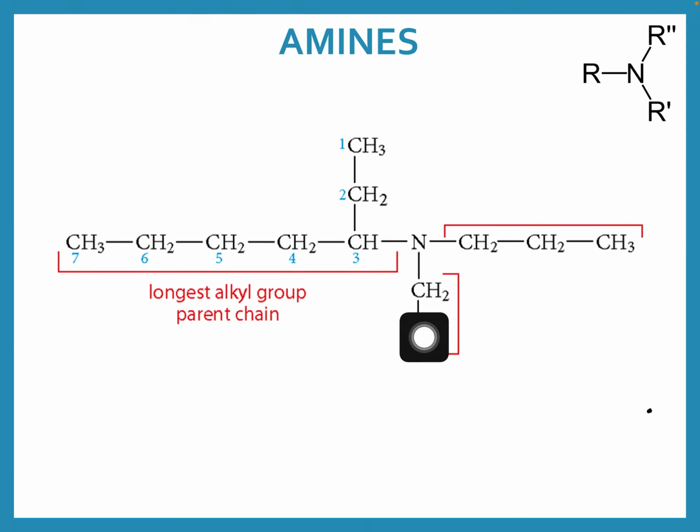So we have a heptane with the amine or amino, the nitrogen, attached to the third carbon. And then attached to the nitrogen, we have an ethyl, so 2 carbons, and then 3 is prop, so also a propyl group. So we have an N-ethyl and an N-propyl group attached to this heptane that on the third carbon has the amino group.